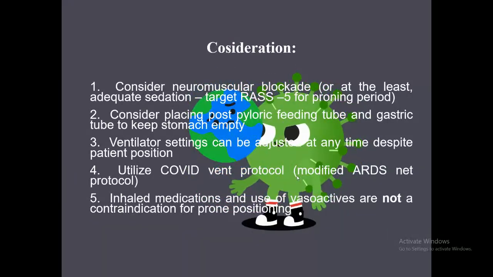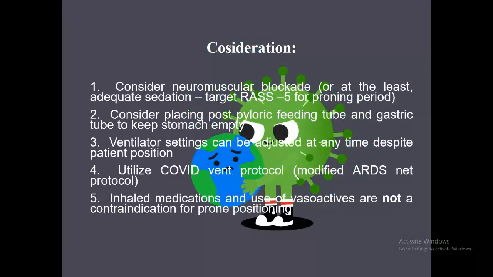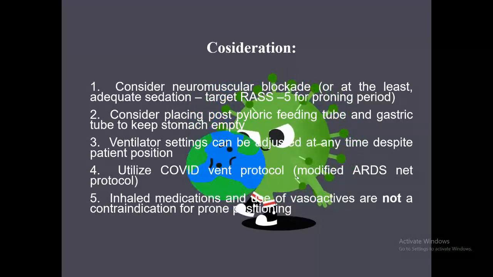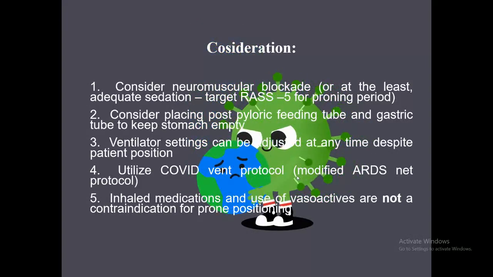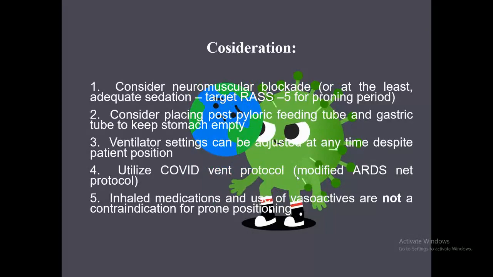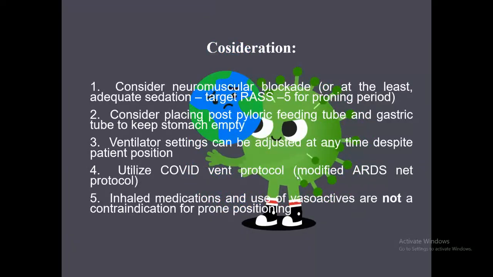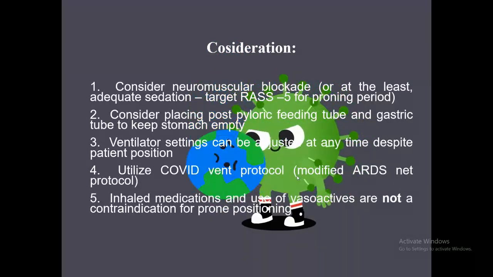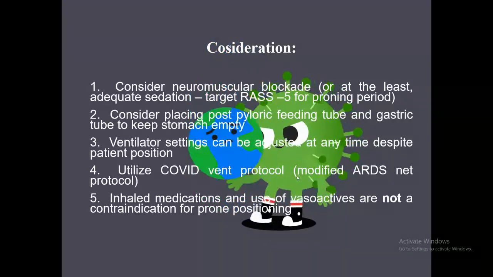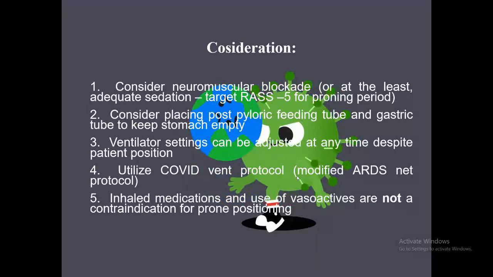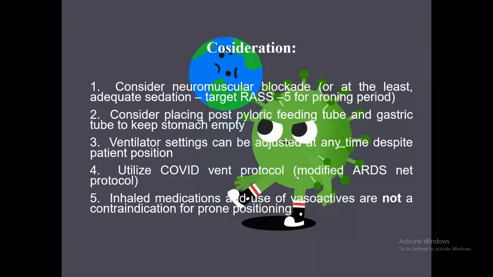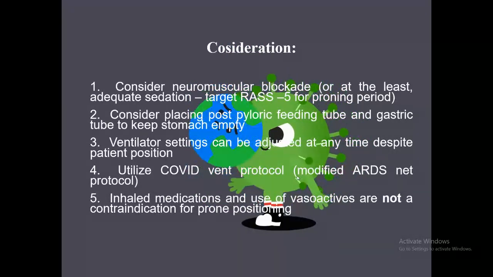You can also adjust your ventilator settings and utilize your ventilator COVID protocol. Adjustment of ventilation protocols will be covered by my colleague in another lecture. Inhaled medication and vasoactive drugs are not contraindications of prone position.